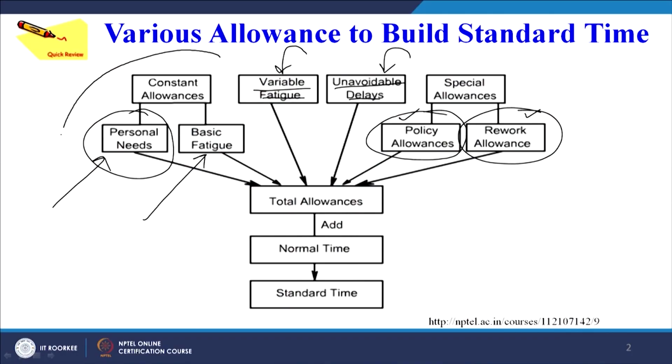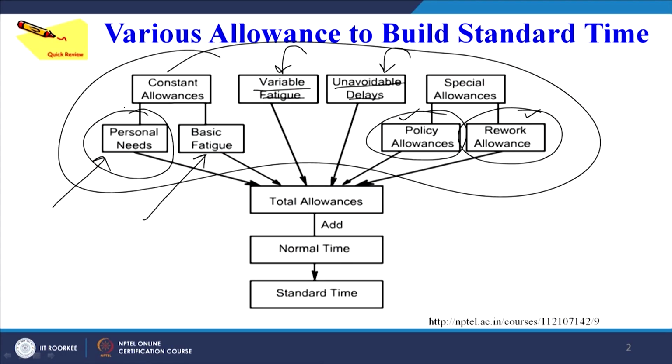Many times it is understood that out of 100 pieces being produced, 3 pieces are going to be defective. So the time that will be required to rework on these 3 pieces can be considered as an allowance in terms of time. So we can see that there are different types of allowances.